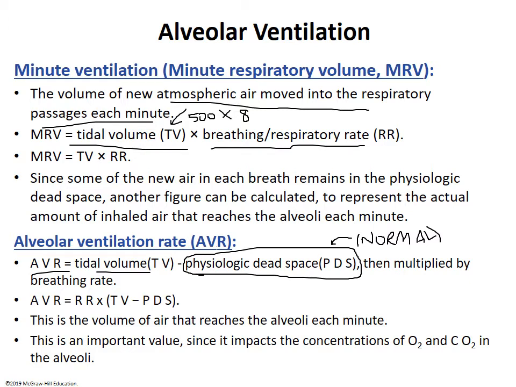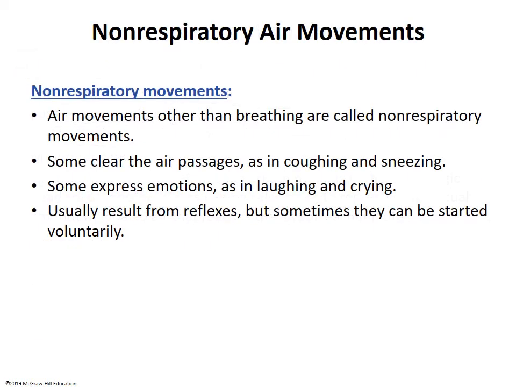So I know how much air doesn't reach those alveoli, and I just remove that from the equation. Now I can figure out how much air gets into the alveoli, and I can figure out the alveolar ventilation rate. The minute ventilation rate is how much air is entering into the system. The alveolar ventilation rate is how much air actually gets to the respiration point.